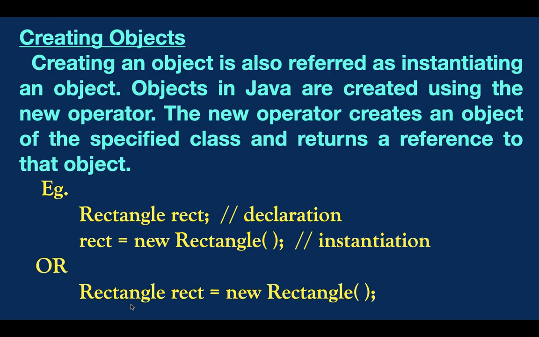In this case, Rectangle is a class, rect is an object, new is an operator to allocate space, and Rectangle with brackets open and close is our constructor. This is the way we can create an object, and later this object will be used to invoke members of this particular class.